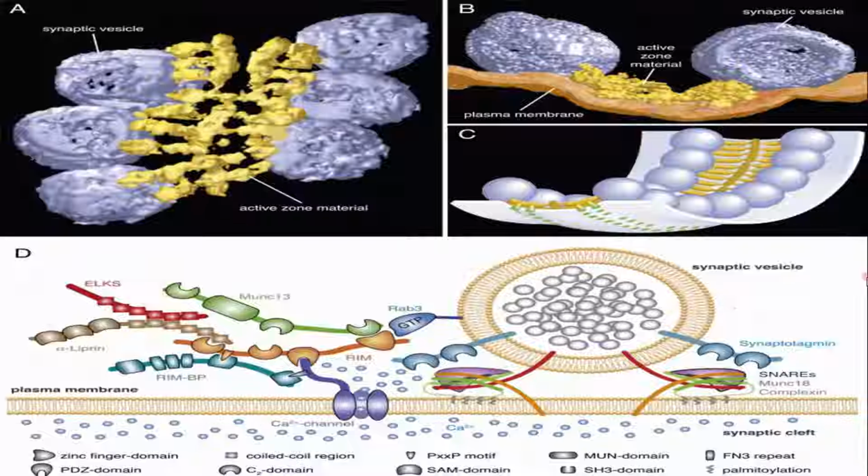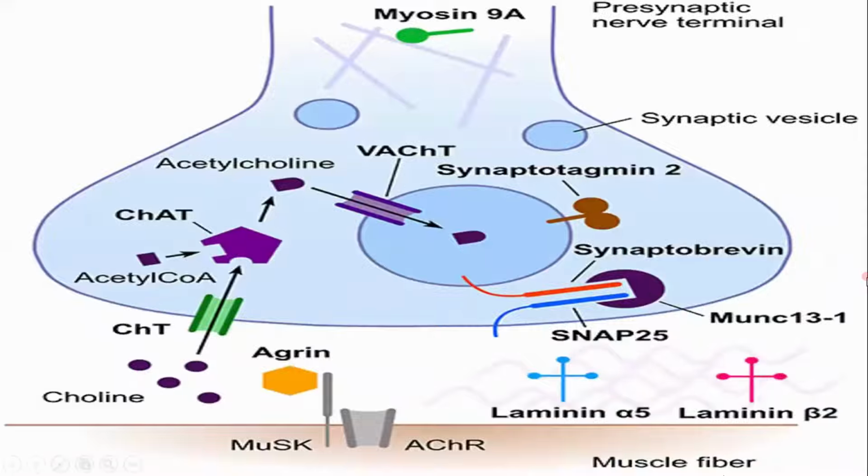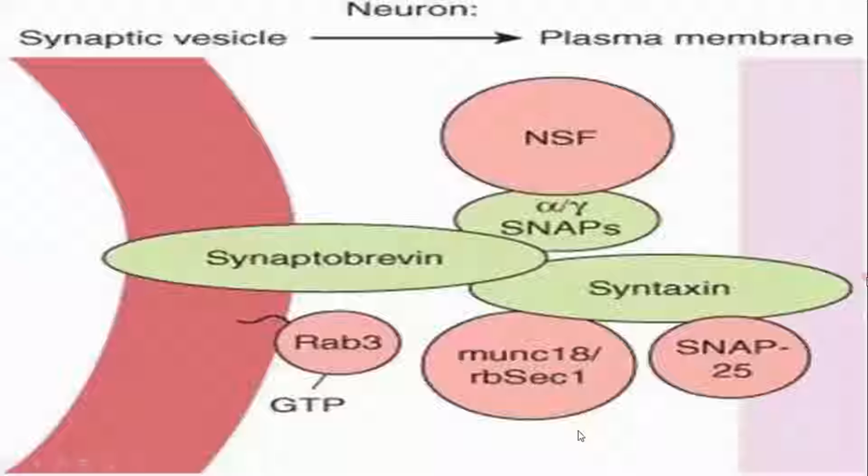And it is thought that this binding causes a conformational change in synaptotagmin that triggers the fusion event of the docked vesicles. Finally, by the process of exocytosis, the neurotransmitters are released from the presynaptic terminal.